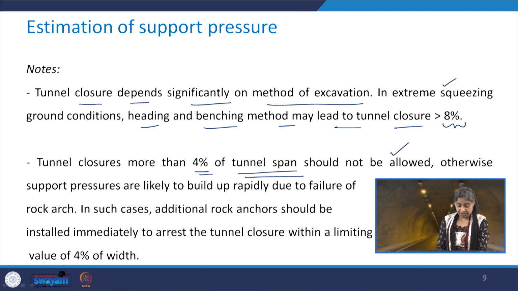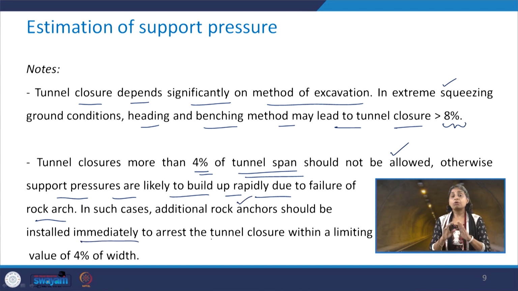Otherwise, the support pressures are likely to build up rapidly due to the failure of rock arches, and in such cases we need to provide additional rock anchors immediately to arrest the tunnel closure, so that the limiting value of 4% of the width of the opening is met with.